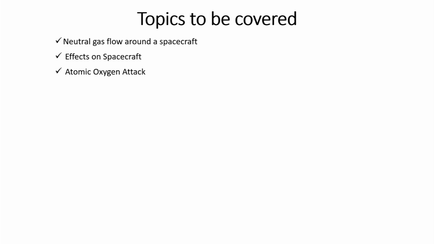We will consider the effect of atomic oxygen, how the atomic oxygen is relevant, in which type of orbit it is relevant, and what its effects are. We will consider the sputtering, then contamination and spacecraft glow. We will discuss each of these three phenomena in subsequent slides.